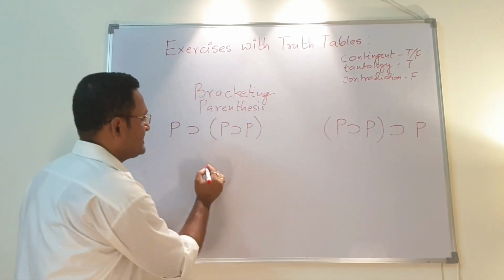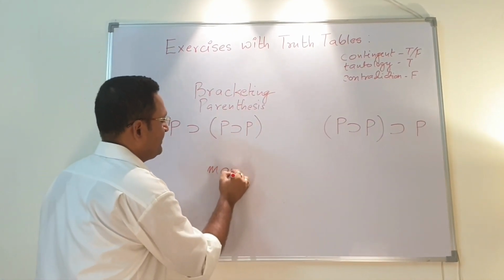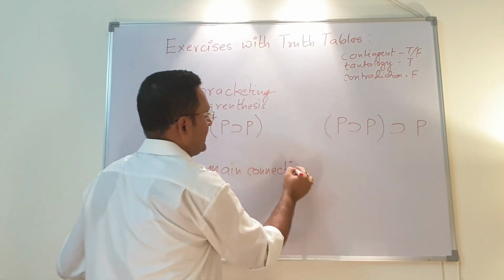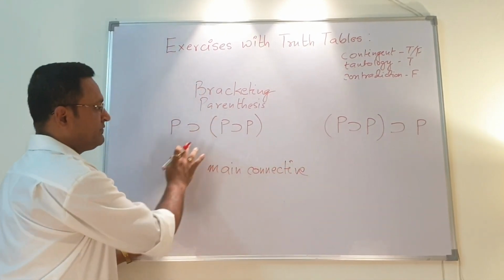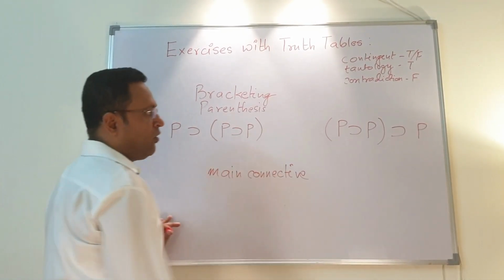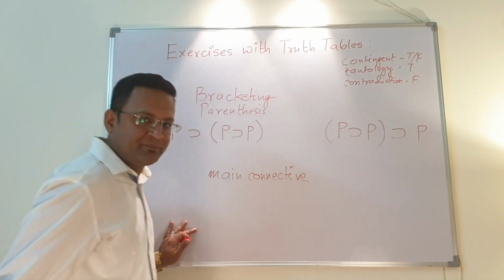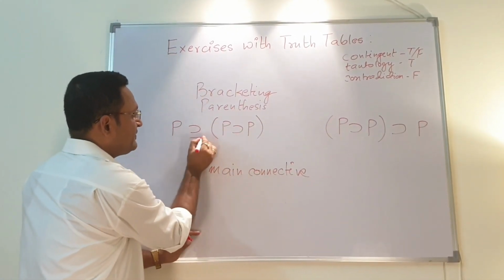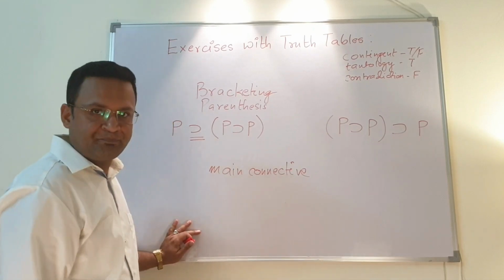there is also one concept called main connective. So this is another important thing. What is a main connective? Suppose somebody asks you what is the main connective of this expression. You can see in this question the main connective is this implication.